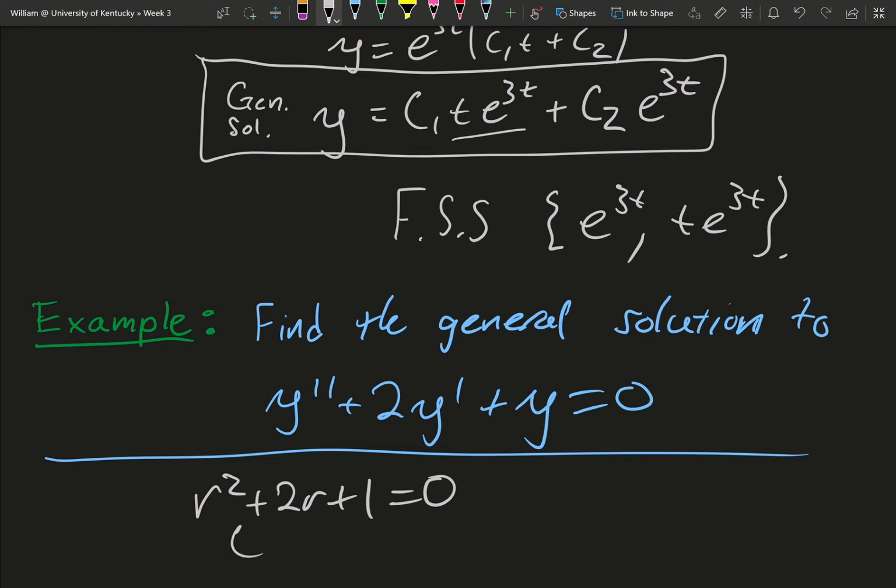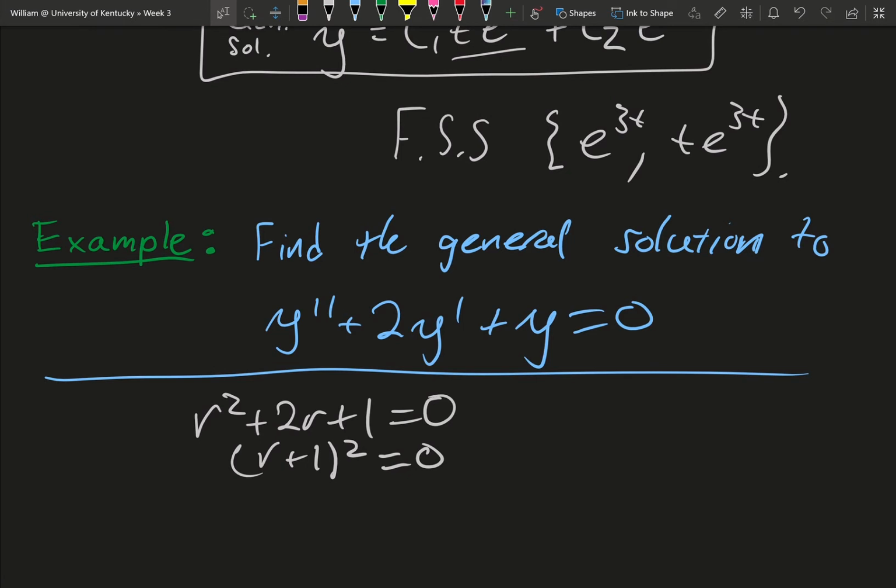And again, we can see this is r plus 1 squared. So r is -1, and because we only have one root, again, we don't know necessarily what the fundamental set of solutions is. But let's try it once more with this. So y equals e to the -t is a solution.